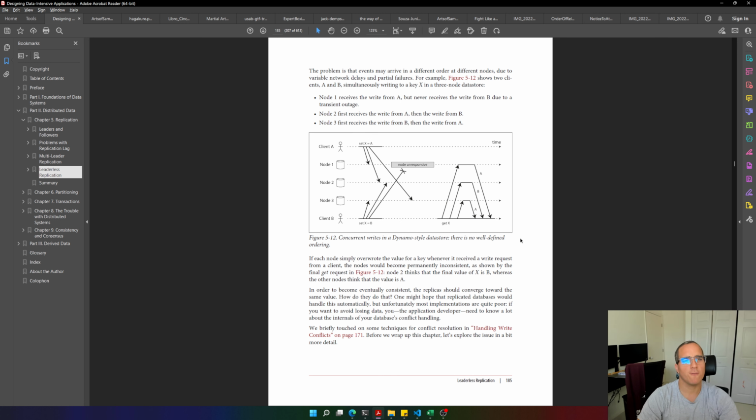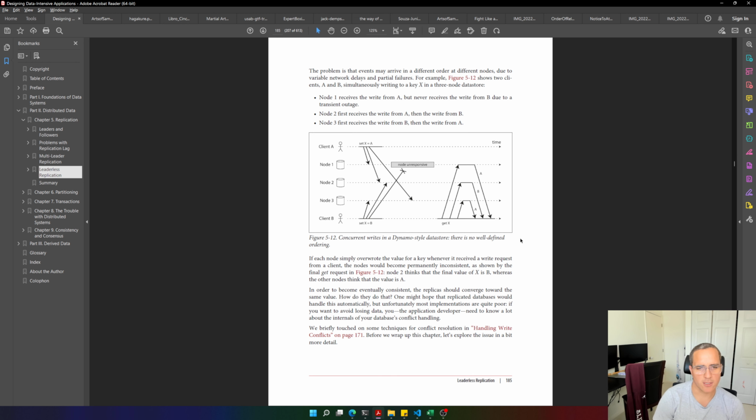For example, figure 5-12 showed two clients, A and B, simultaneously writing to a key X in a three-node data store. Node 1 received the write from A but never received the write from B due to a transient outage. Node 2 first received the write from A, then the write from B. Node 3 first received the write from B and then the write from A. If each node simply overwrote the value for a key whenever it received a write request from a client, the nodes would become permanently inconsistent, as shown by the final get request in figure 5-12.